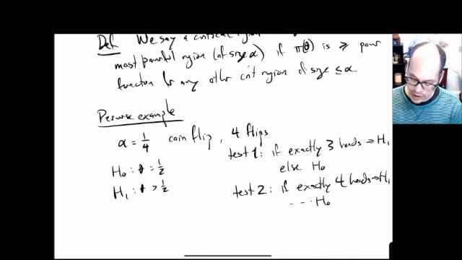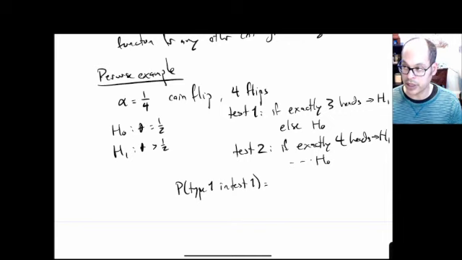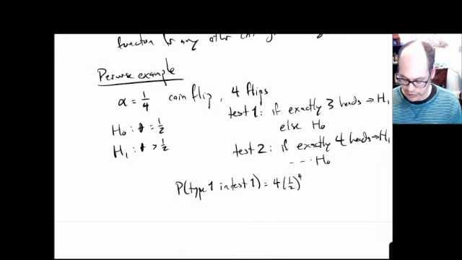Well, notice the probability of a type 1 error in test 1 is the probability of getting 3 heads with a fair coin, and what is that? There's a binomial variable, so there's 4 flips, so there's 4 places that the tail could be, 4 times 1/2 to the 4th, so this is 4/16, which is a 4th.